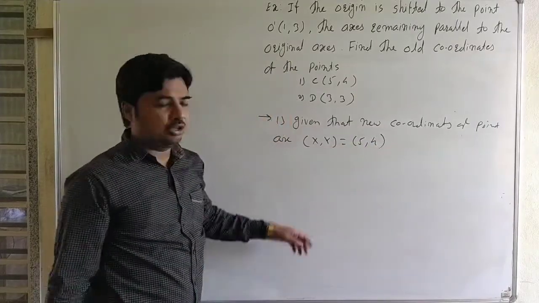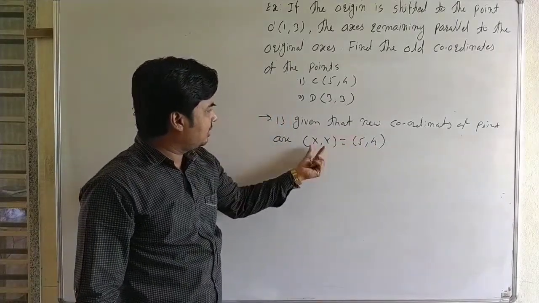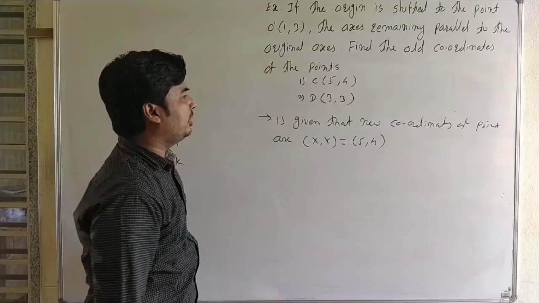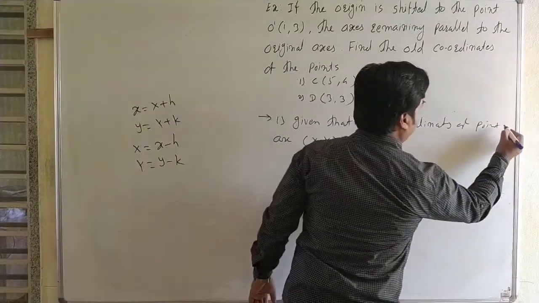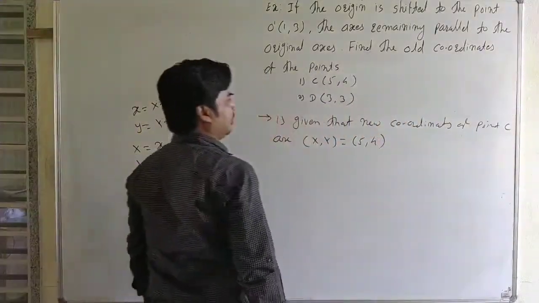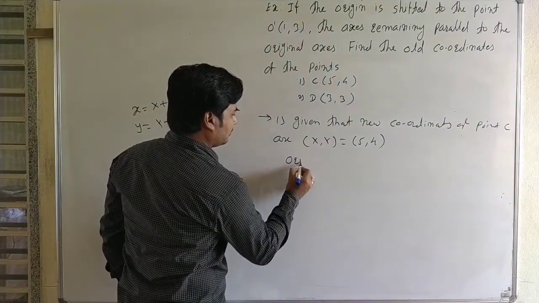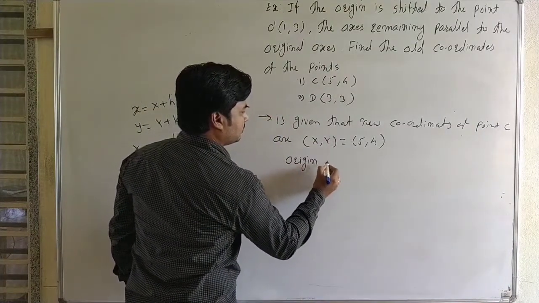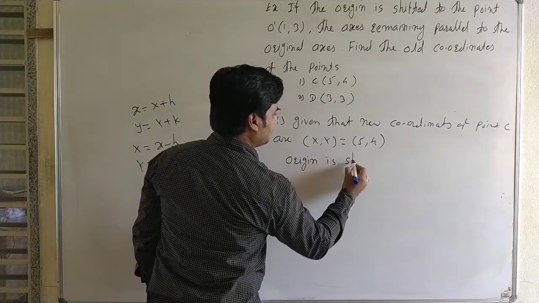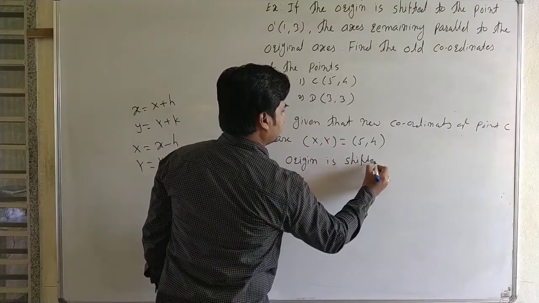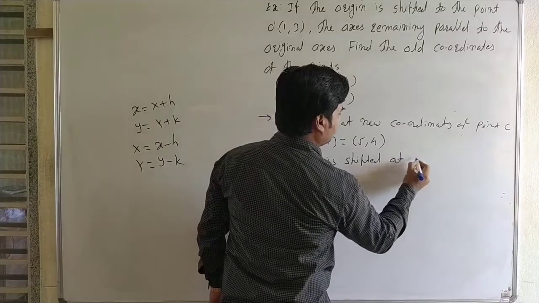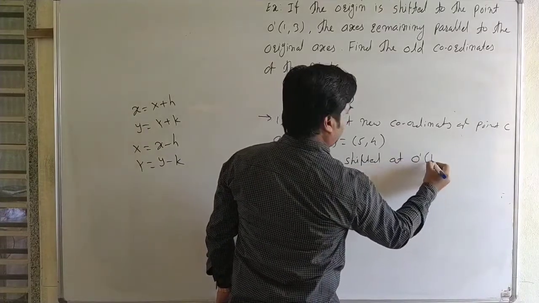The new coordinates are x comma y, (5, 4), of the point C. Here we can write the name of the point, C. Then the origin is shifted at O dash, which is (1, 3).